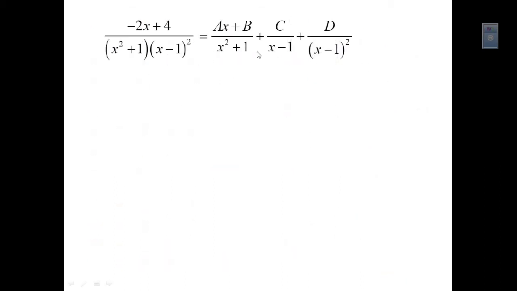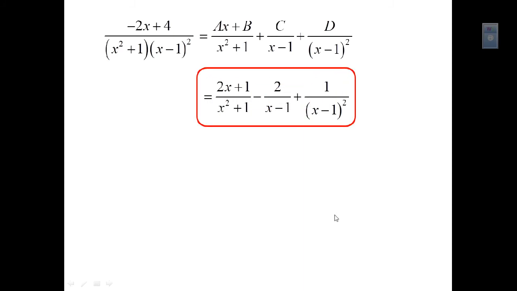So we would just go back and plug those numbers in to all those places, and we end up with 2x plus 1 over x squared plus 1, minus 2 over x minus 1, plus 1 over x minus 1 quantity squared. Like I said, that's not something you're going to have to do in this class, but you may have to do it in college.